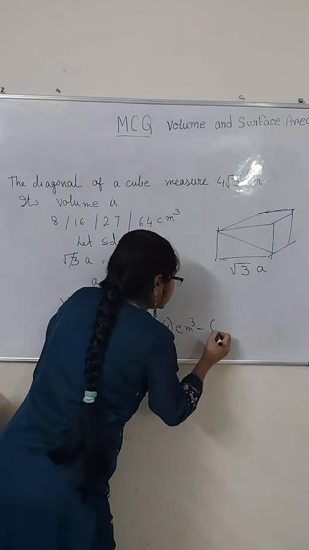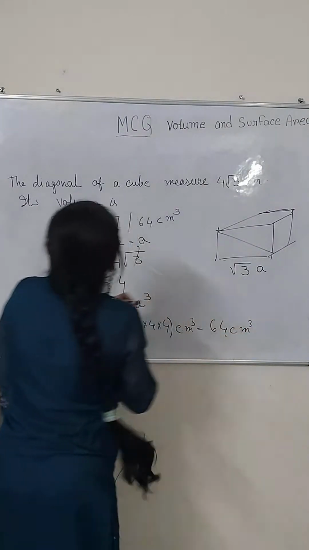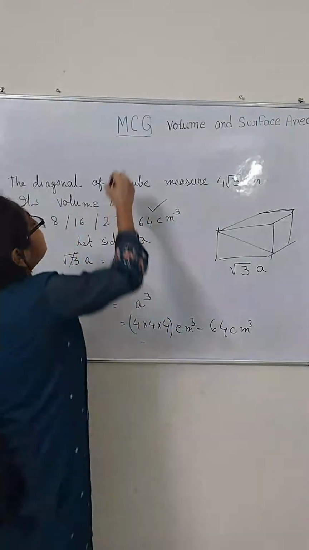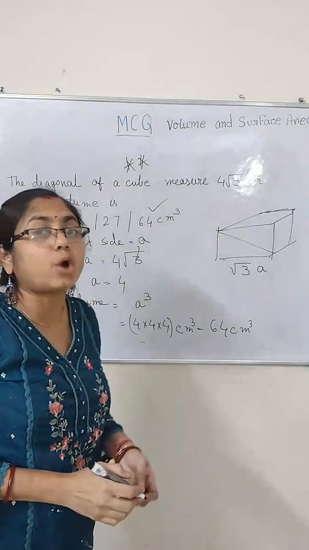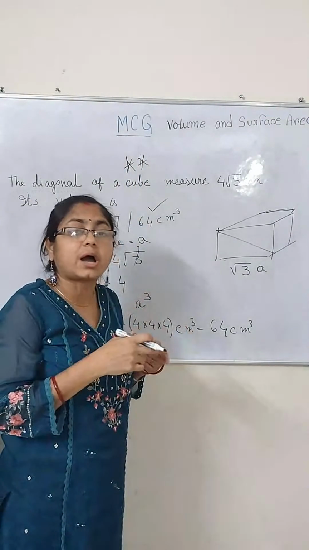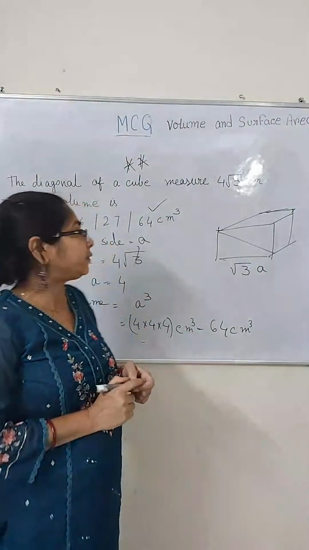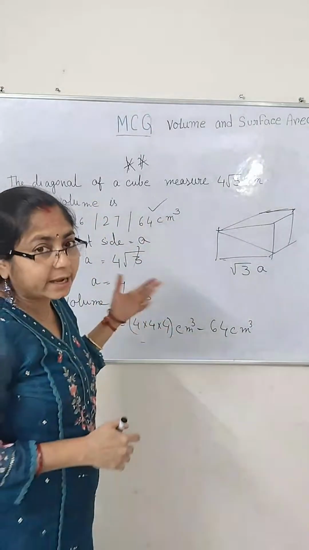It means 64 centimeter cube. It's our last option. Please give a star mark in that question. It comes not only for the board, it also comes in any competitive exam. So it's a most important question. Please, I tell it one more time.